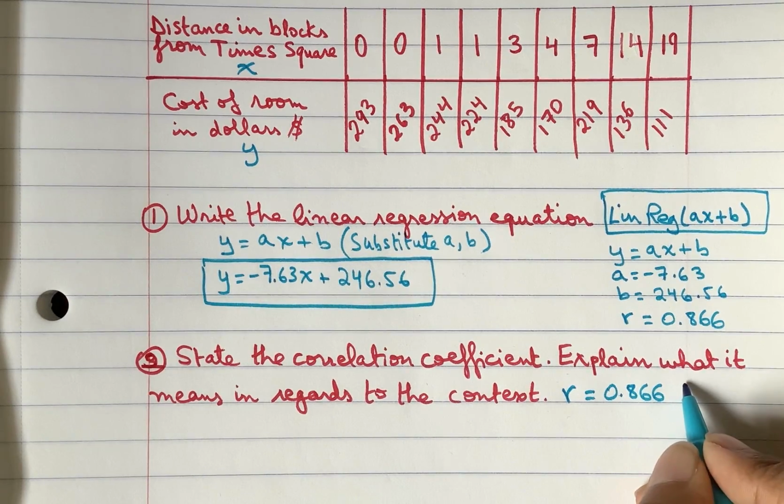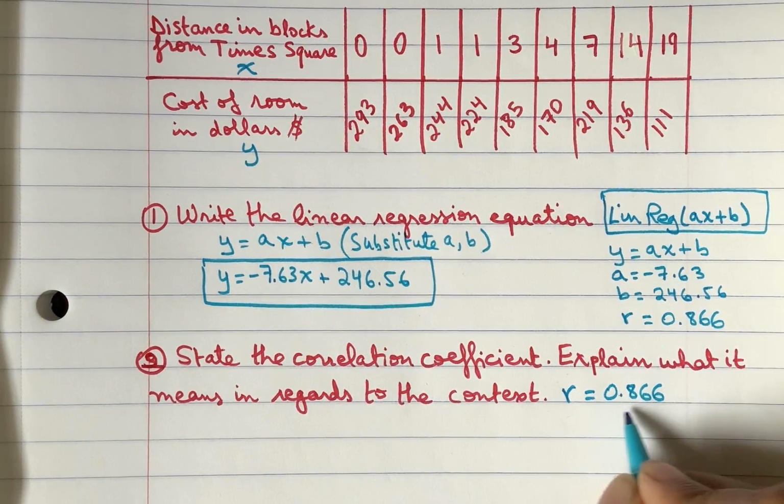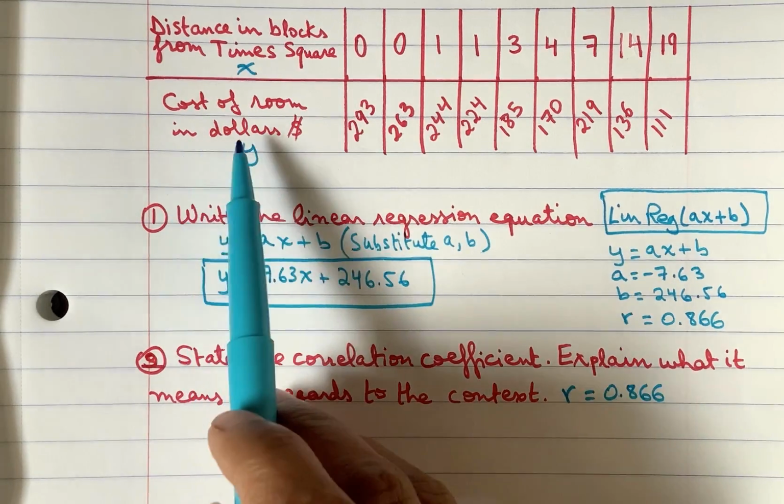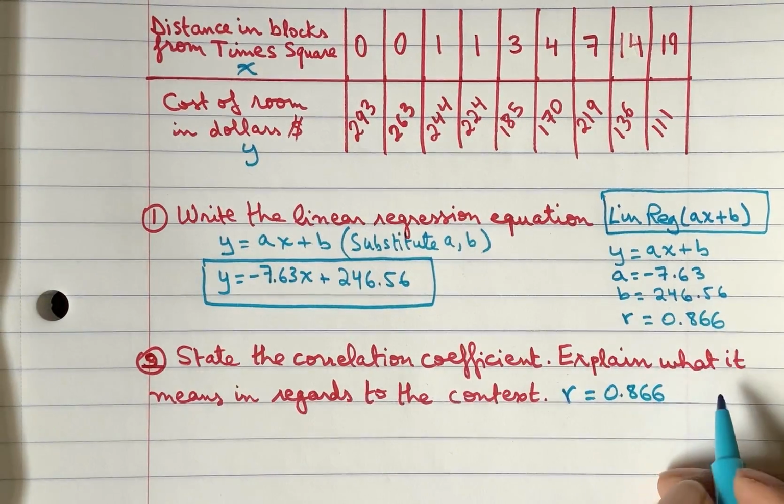You can say, if this number is closer to 1, it means that there's a strong relationship between the distance from Times Square and the cost of a room. So you just need to specify that.